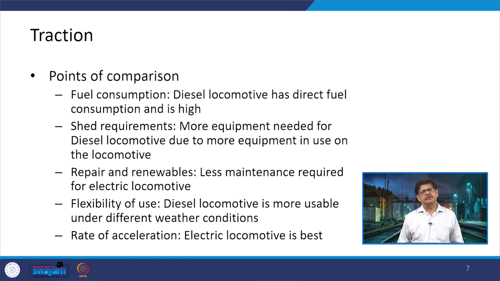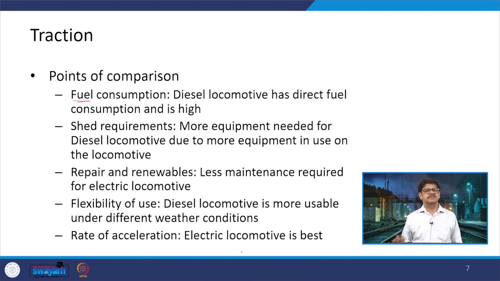Another point of comparison can be fuel consumption. Now, how much fuel is being consumed? Obviously, in the case of a diesel locomotive, because the generation is there on the locomotive itself, there is a direct fuel consumption and it is high. But if we talk about the electric locomotive, then nothing is being generated there, it is being taken to the locomotive through the wires.